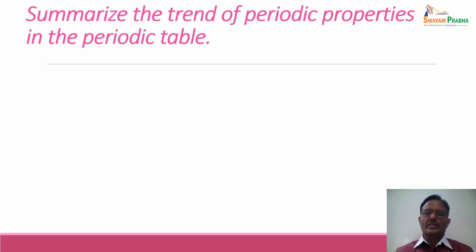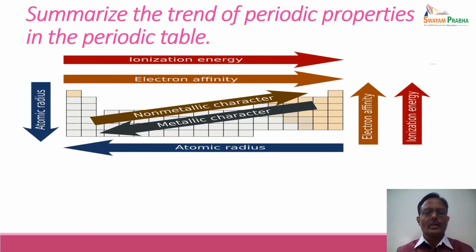Let us summarize the trend of all the periodic properties in the periodic table from left to right as well as from top to bottom. If we show all of these in a single diagram, we can see one by one: the atomic radius goes on decreasing from left to right, or increasing from right to left, whereas the atomic radius goes on increasing from top to bottom. Ionization energy goes on increasing from left to right, and from bottom to top.